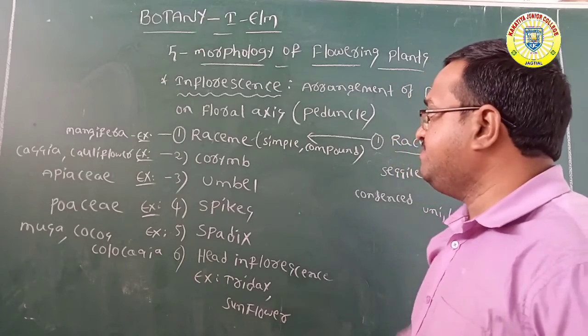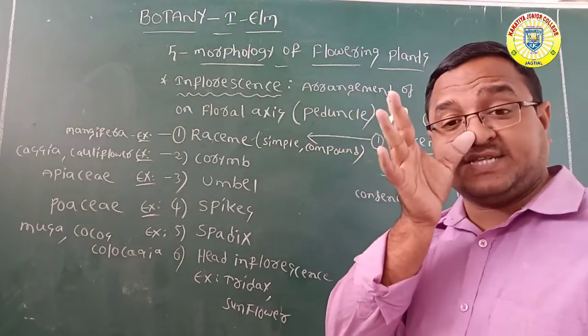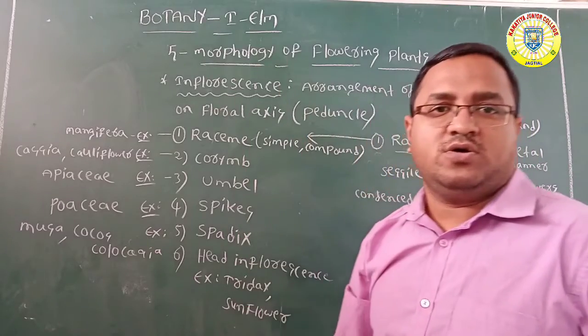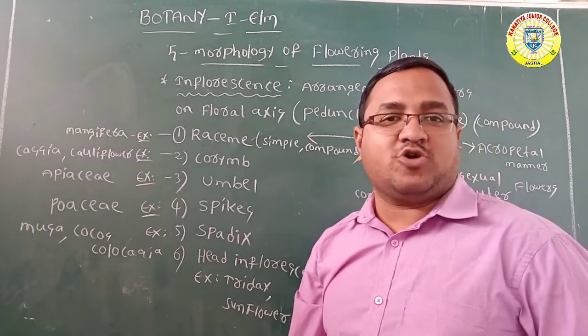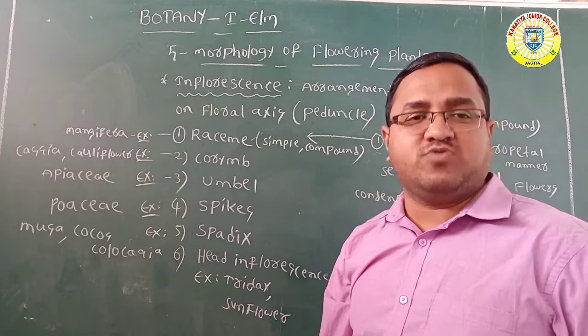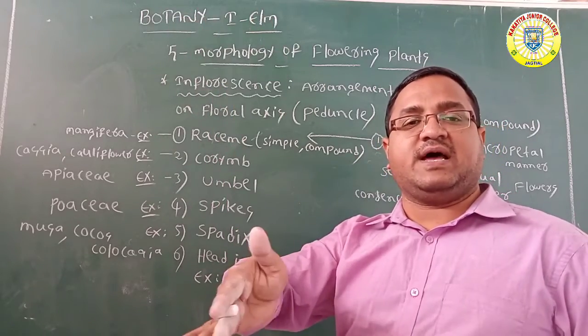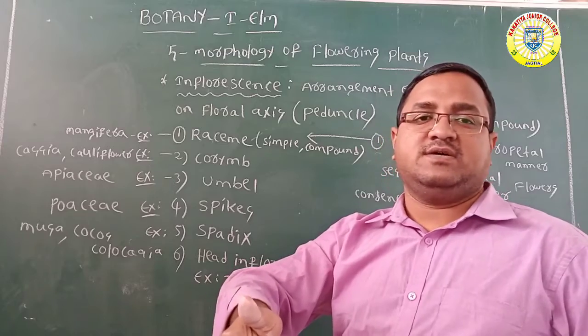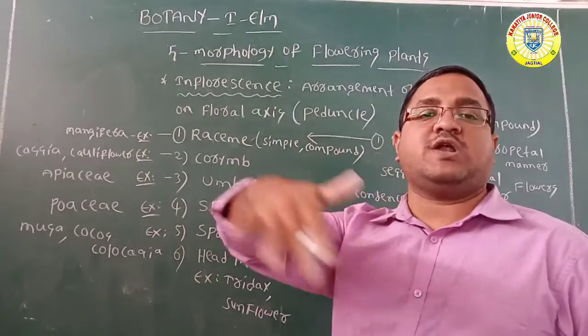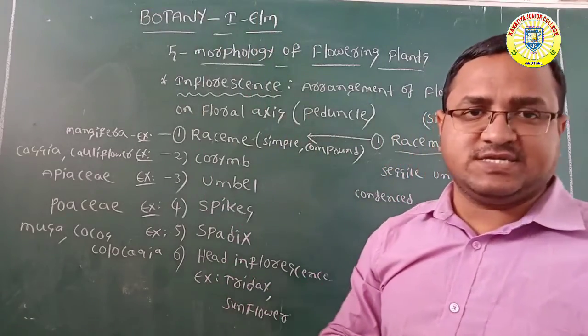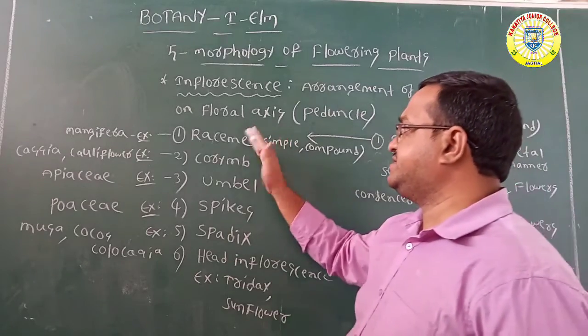Simple raceme means the floral axis continues to grow, and flowers are arranged in acropetal manner. But what is compound? If there are any branches on the floral axis, on the branches also the flowers grow in acropetal manner.